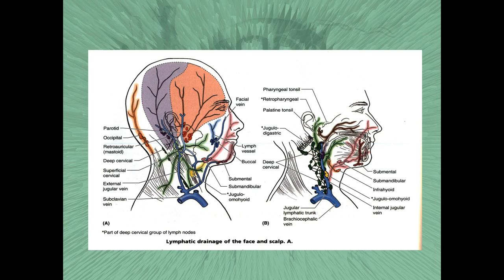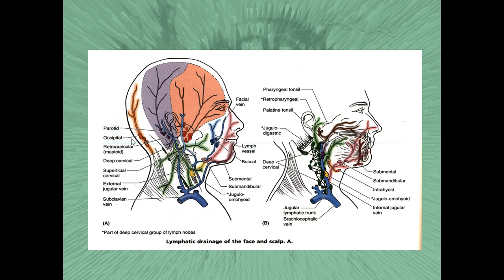Lymphatic drainage from the region of the head starts from the lymphatic capillaries, which form the superficial and deep three-dimensional networks. The superficial is located in the skin and the deep in the soft tissues of the head. Then lymph is collected into the lymphatic vessels, and the lymphatic vessels transport it into the regional lymphatic nodes.